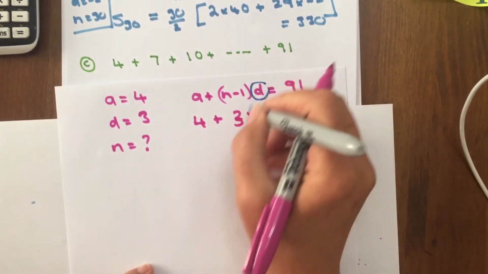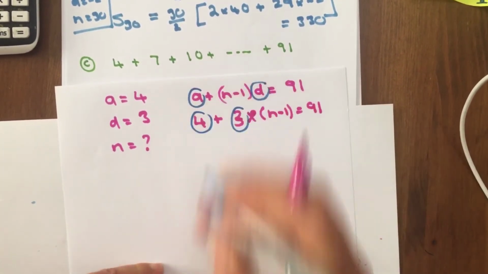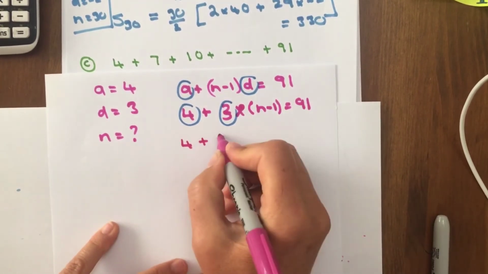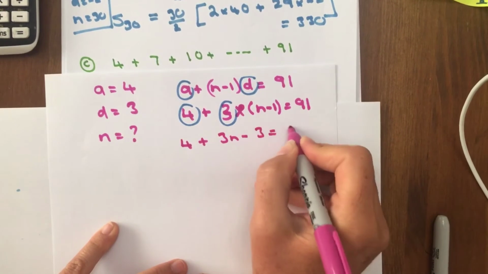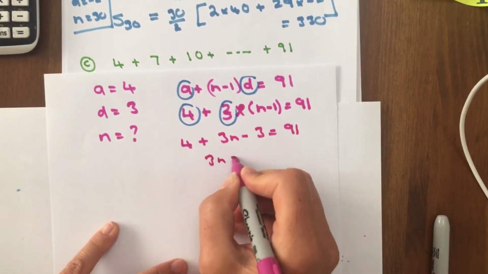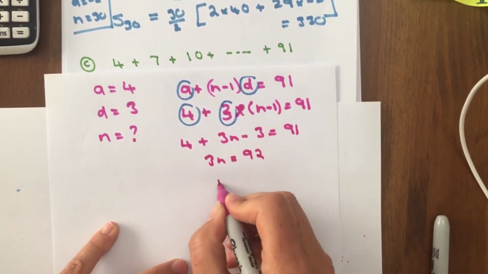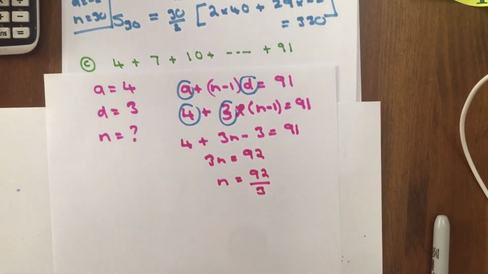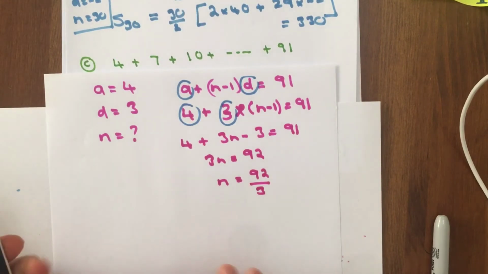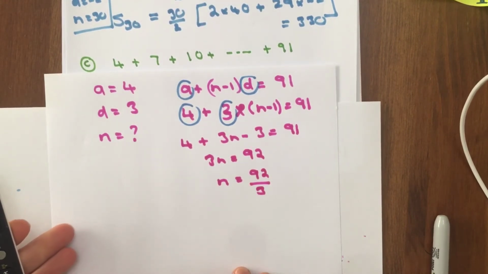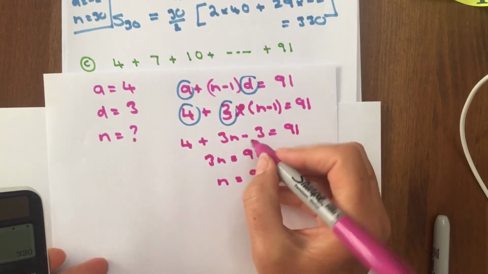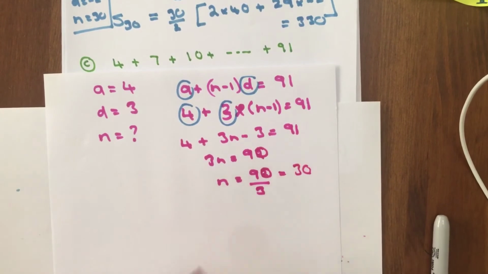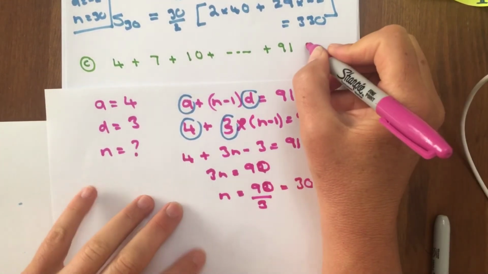So d is 3, a is 4. 4 plus 3n minus 3 is 91. 3n equals 92. So n is 92 divided by 3, which doesn't give me a whole number, because that should be 90, because I'm taking away. So it should be 30. So I've got 30 terms in my sequence.